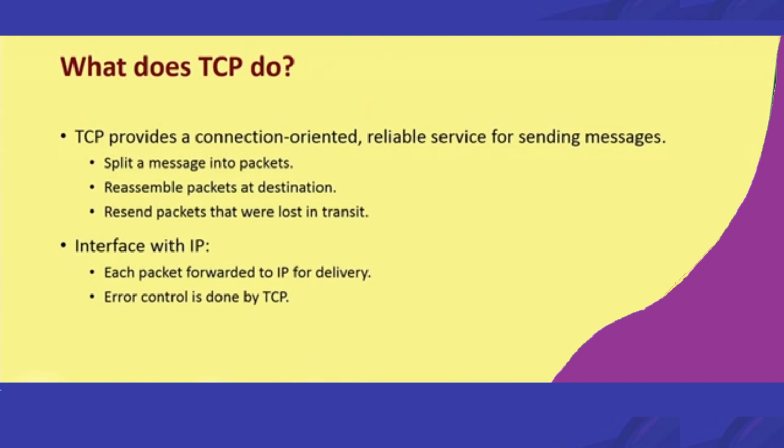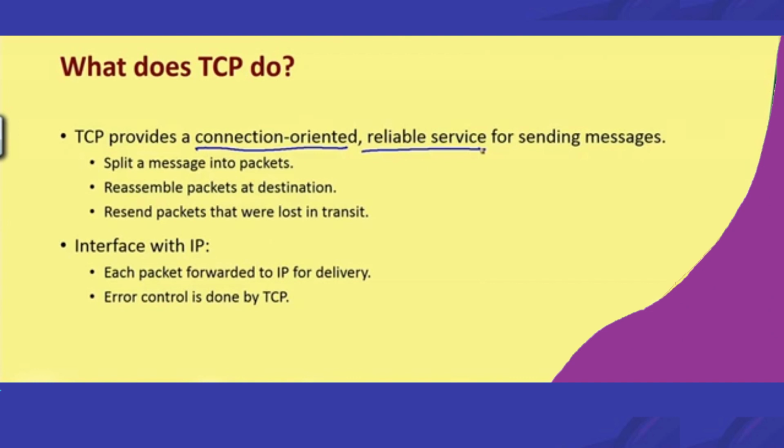So, the sender will know whether it was received correctly or not. If it was not received correctly, then the data will be transmitted again, so that some kind of reliability is maintained. So, essentially TCP tries to provide a connection-oriented reliable service. Reliable in this context means that if some packet gets lost, it will get retransmitted.